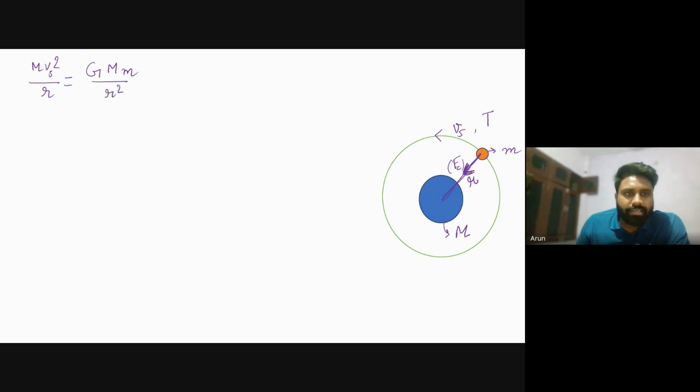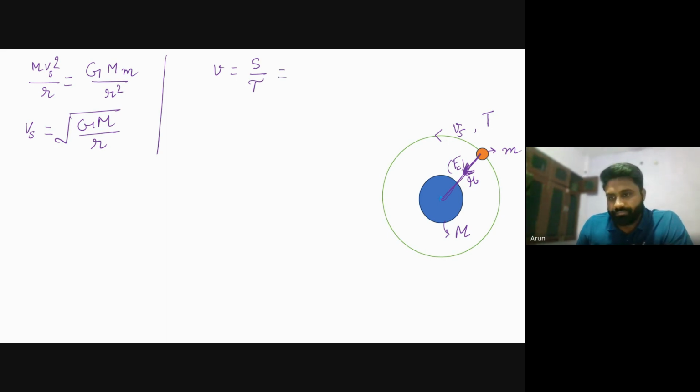So from that you can say here that v is nothing but the square root of G capital M divided by r. We know that v is equal to distance upon time, and the time taken to complete one revolution is T. Now what is the distance covered by this planet in one revolution?